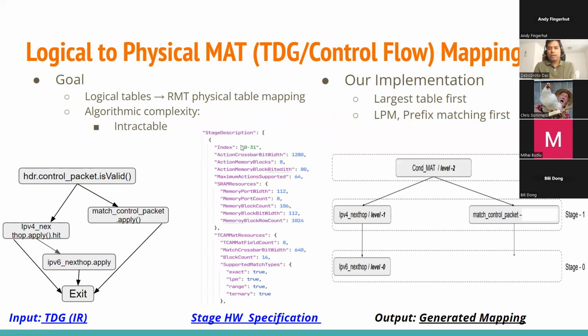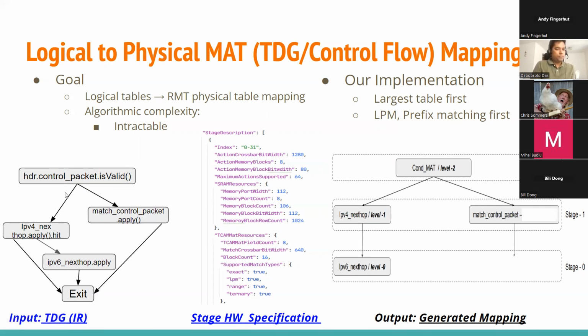Then for the actual control flow mapping. If you want to map a P4 program into the hardware, the P4 program's control flow can be represented as a control flow graph where every node is a logical match action table. We have to map those logical match action tables into these physical match action stages.